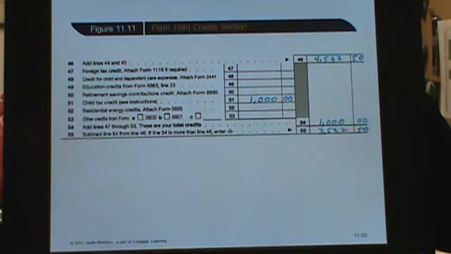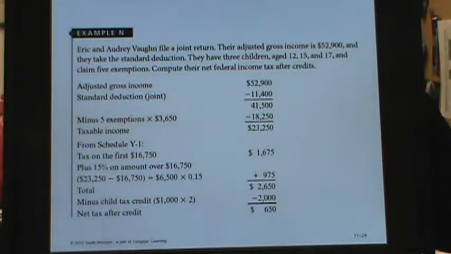If you have any tax credits, you add those. So that $1,000 tax credit is added to lines 47 through 50, and you get a total of $3,532.50 in deductions or tax credits.